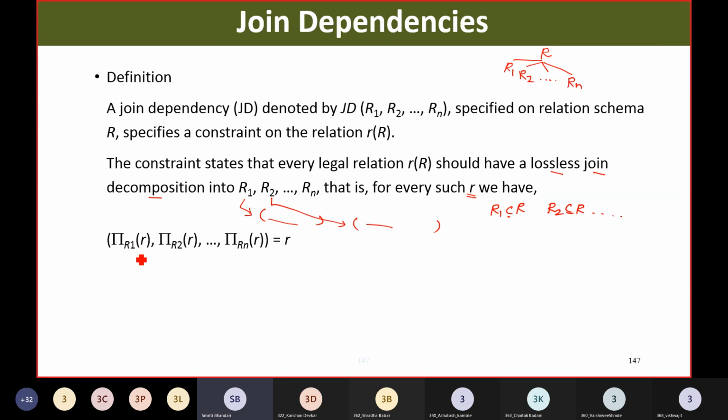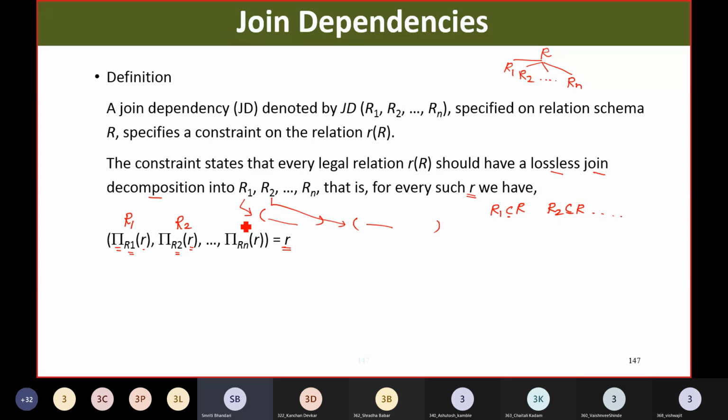If we pick a few of the attributes, we are using the projection operation here. So if we pick a few attributes, say R1, from R, similarly some attributes R2 from R, and so on, and if we try to have a join of all those different relations, then whatever we get is the original relation r. So this projection of r with respect to attributes R1 is nothing but the decomposed relation R1.